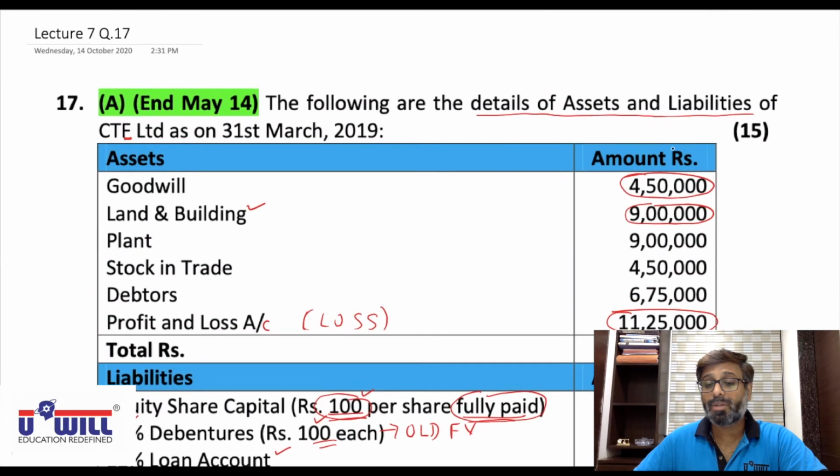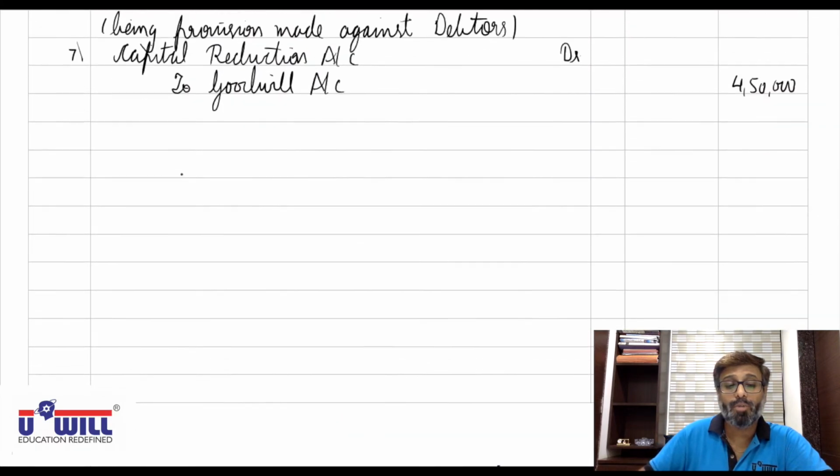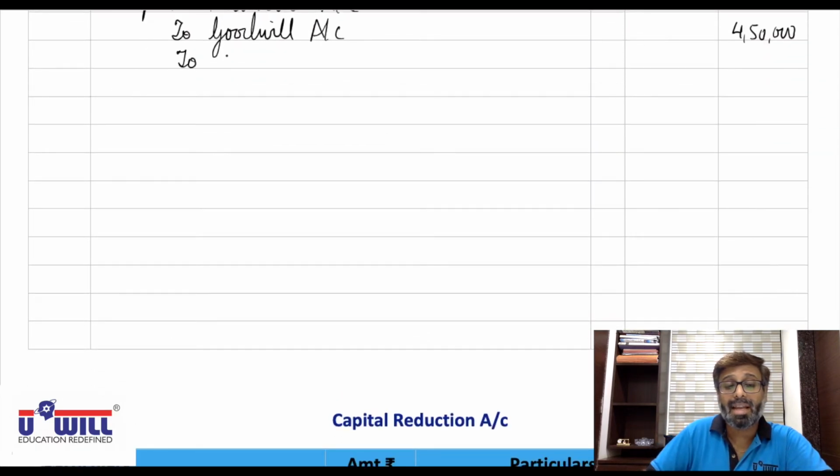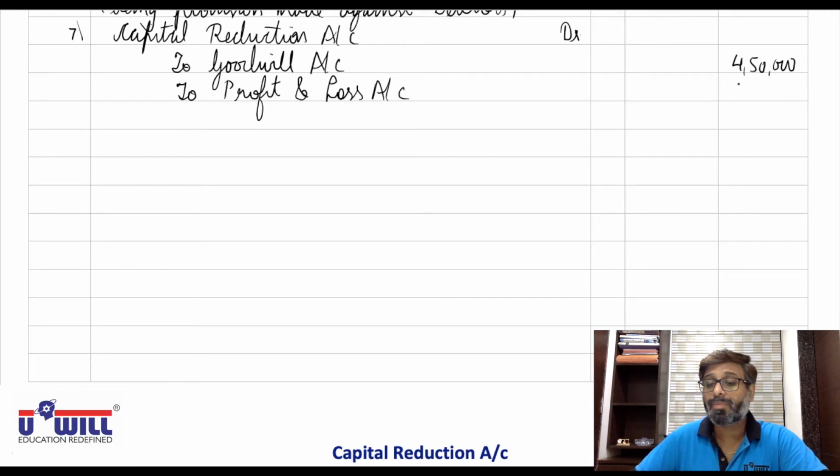You all can see here goodwill 450 and profit and loss 11,25,000. To profit and loss account 11,25,000. So 11, 4, 15 lakh 75,000.